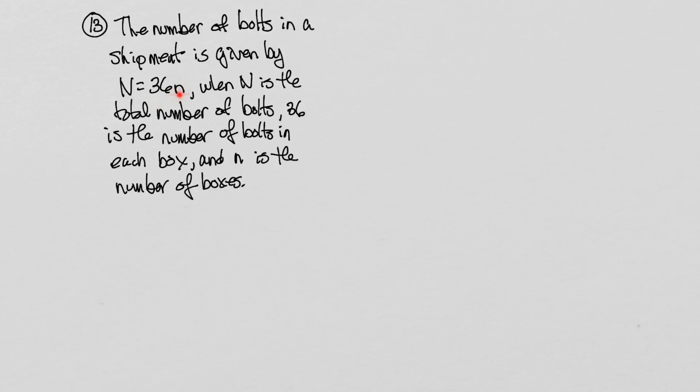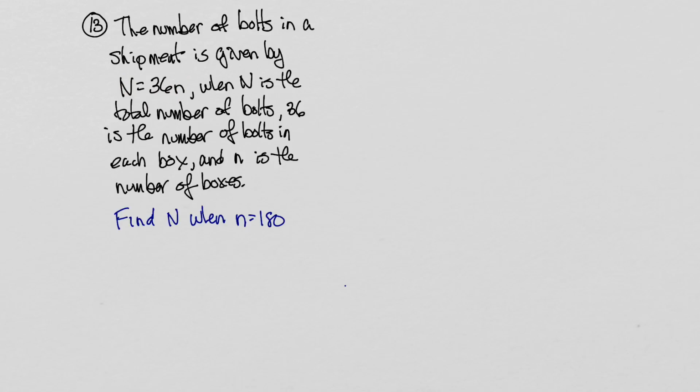So if you had just one box and there's 36 bolts in it, the total number of bolts would be 36 times 1. If you had 2 boxes and 36 bolts per box, you would have 36 times 2. That would be capital N. If you had 10 boxes, you'd have 36 times 10. That would be the total number. So the formula seems reasonable. Let's compute.